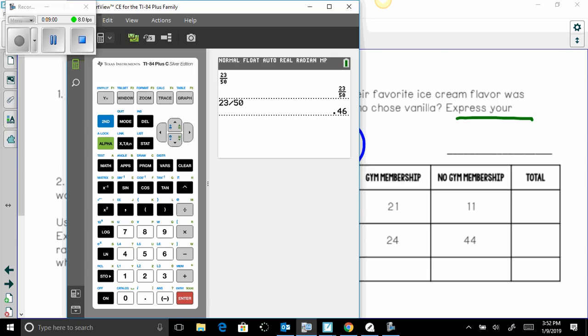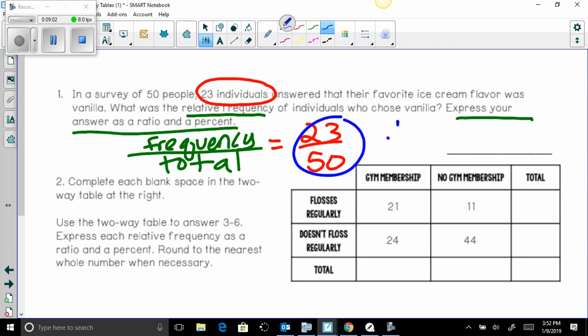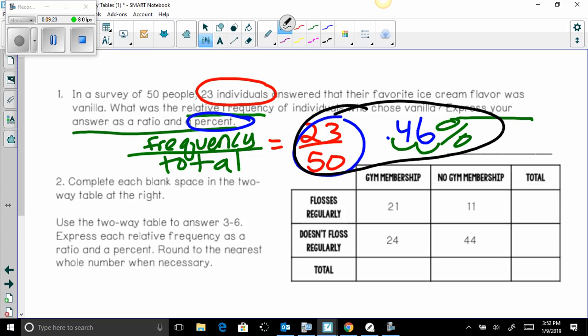That's going to give me a decimal. But don't I want it written as a percent? So how do I change a decimal to a percent? Think about that for a second. Very good. I take my decimal and move it 2 spots to the right. So 0.46 is really 46%. So my answer here, written as a ratio and written as a percent, are right there.